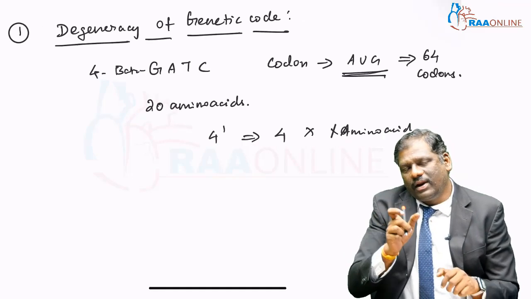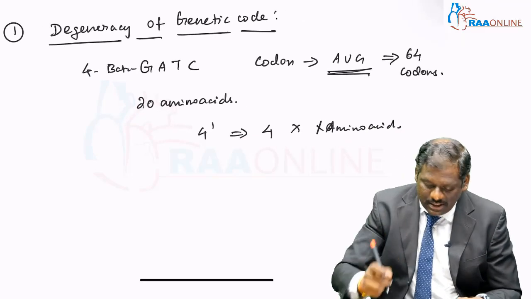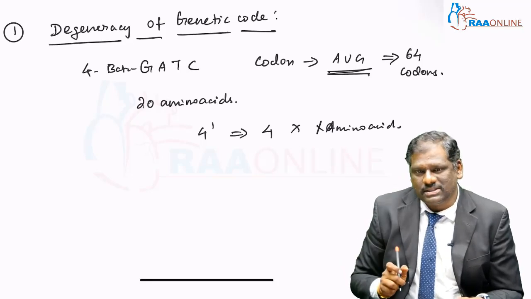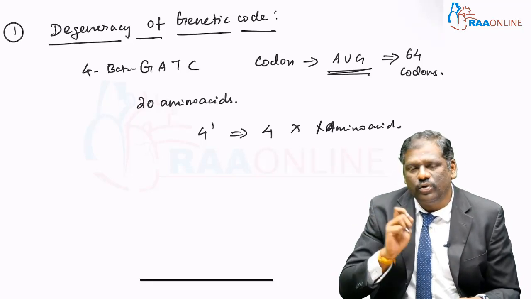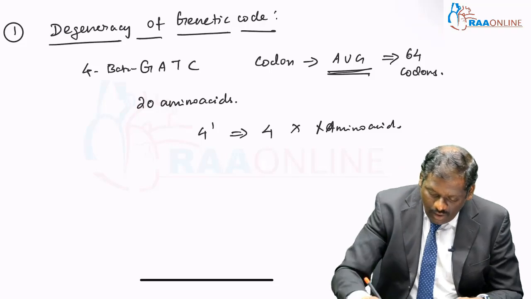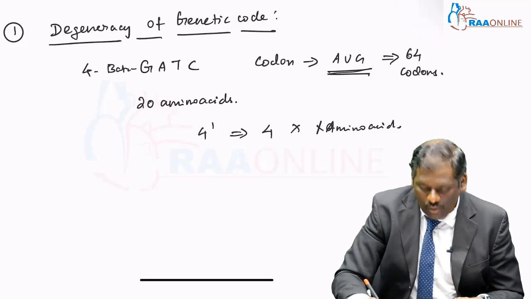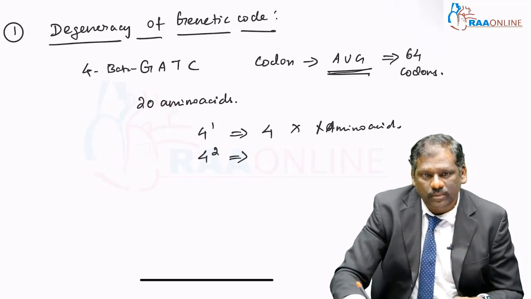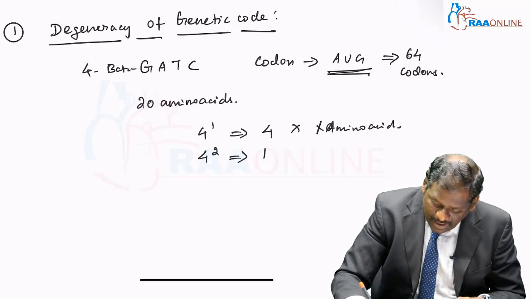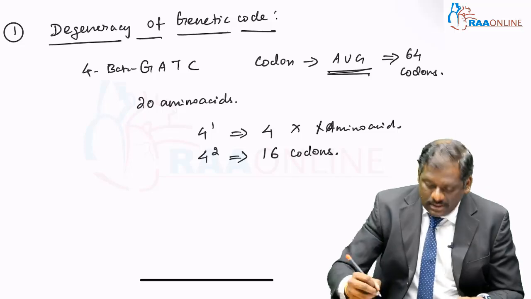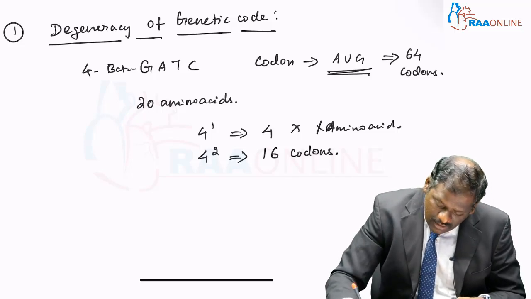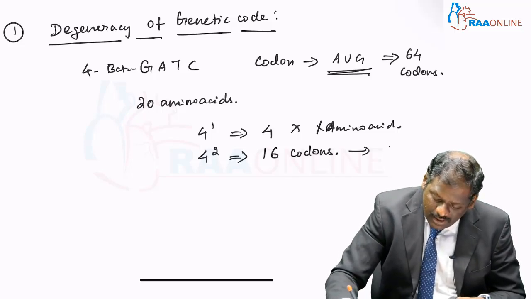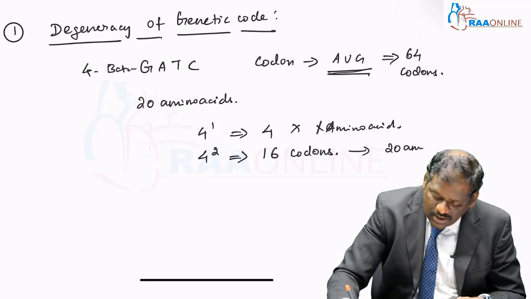Say for example a codon has just 2 nucleotides instead of 3. Now how many possible codons are there? 4 to the power of 2. There could possibly be 16 codons. 16 codons are still not enough to meet the total number of amino acids, that is 20.